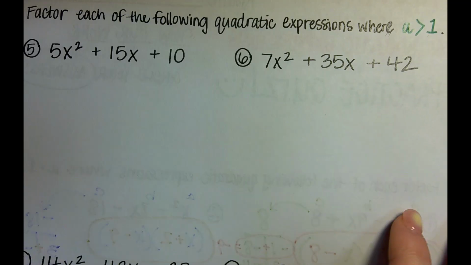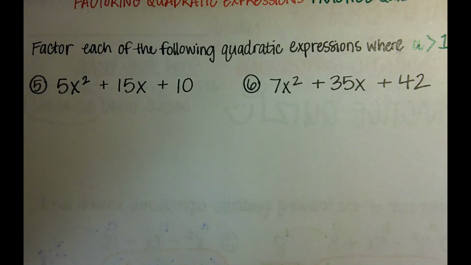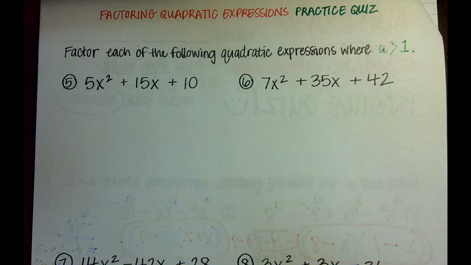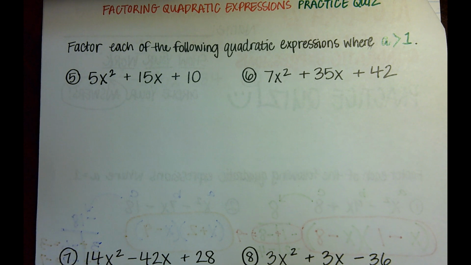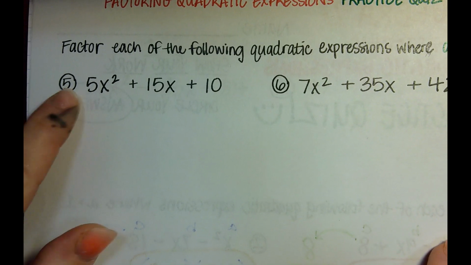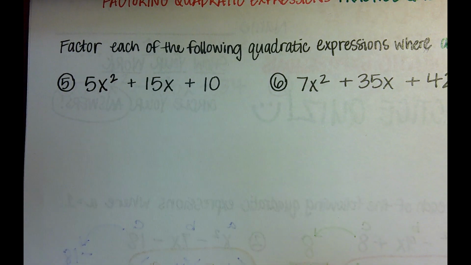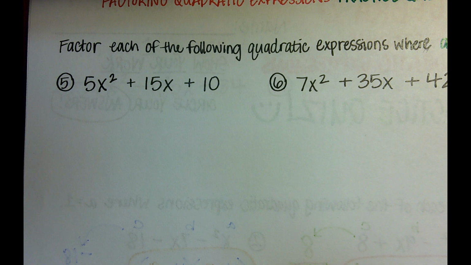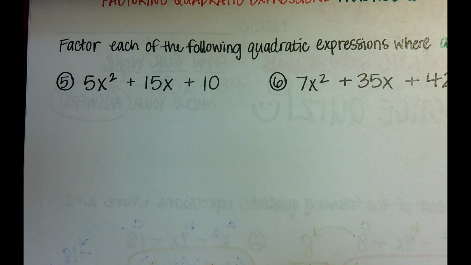And now we have quadratic expressions where A is greater than 1. So let's start with number 5. When you have a leading term that is bigger than 1, what do we always need to check for first?